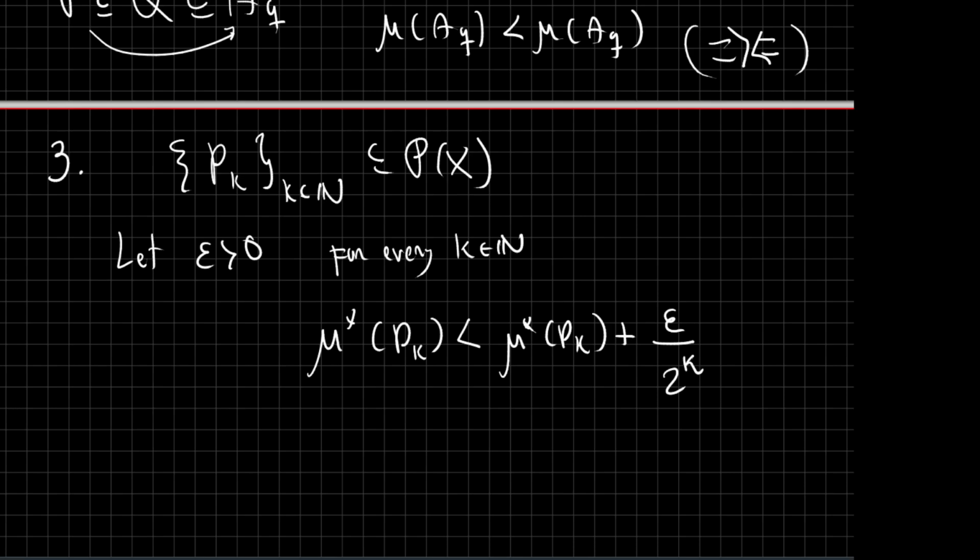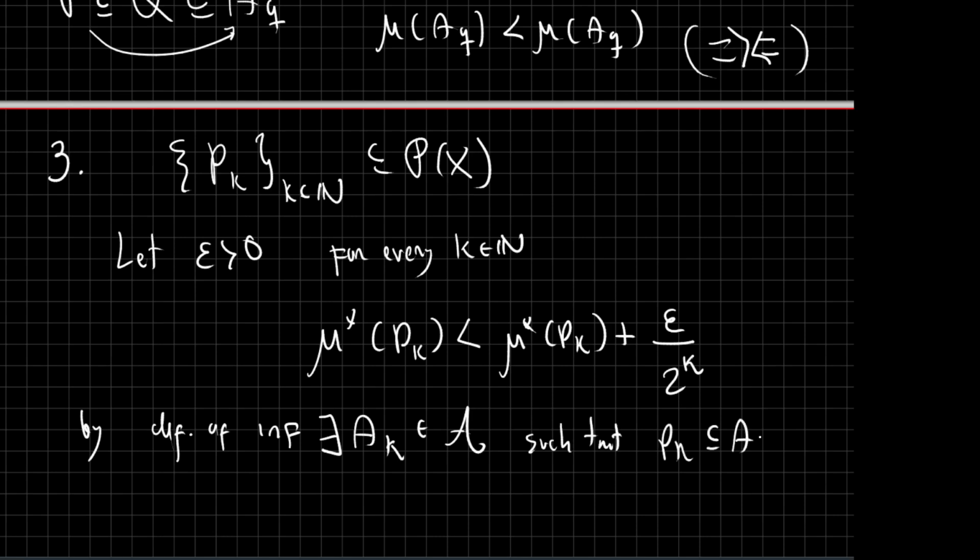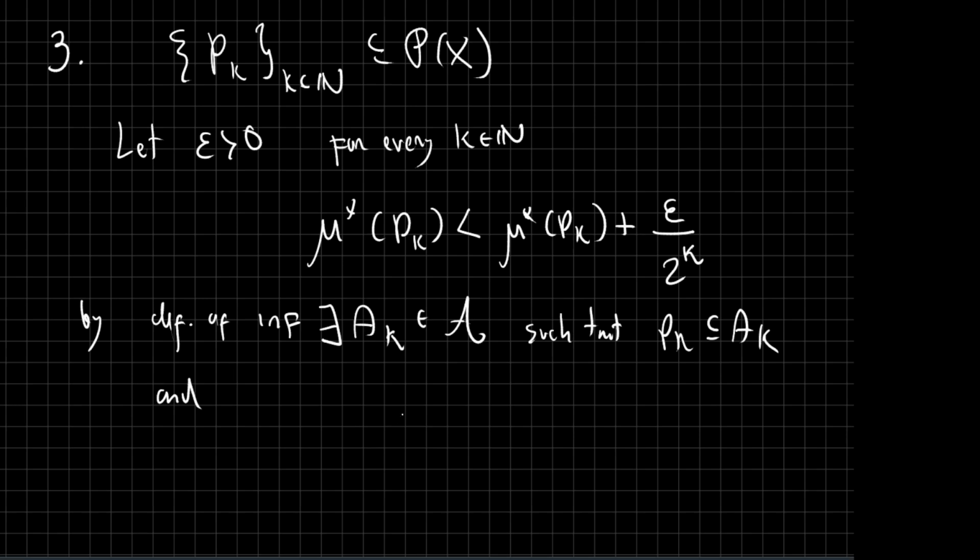So by definition of infimum, once again, there will exist some Ak inside the sigma algebra such that Pk is a subset of Ak, and the value of mu on Ak is less than mu star of Pk plus epsilon divided by 2 to the k.